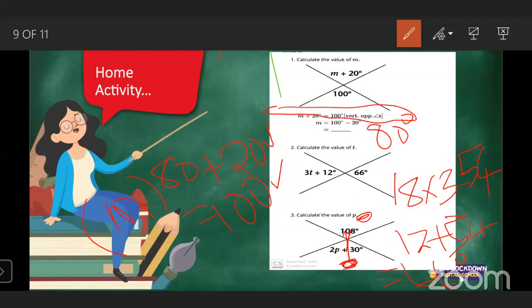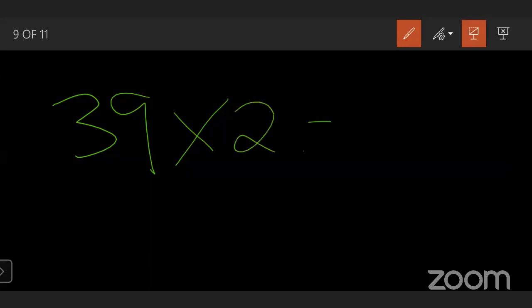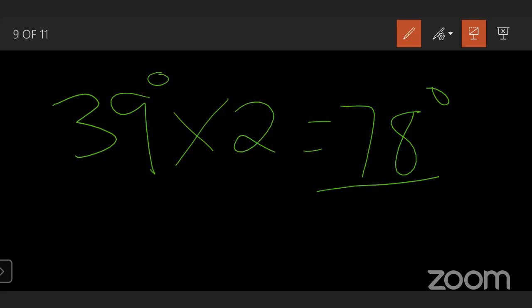Okay, perfect. So let's do it together. We have 39 as our p. 39 multiply by 2, which is 78 degrees, right? So that's our 2p in brackets.